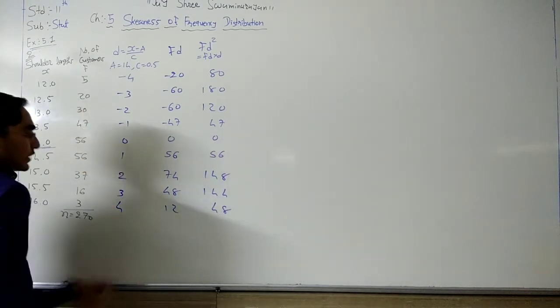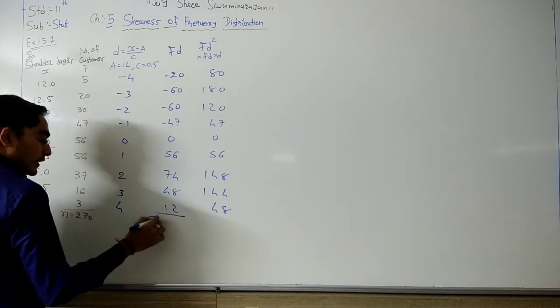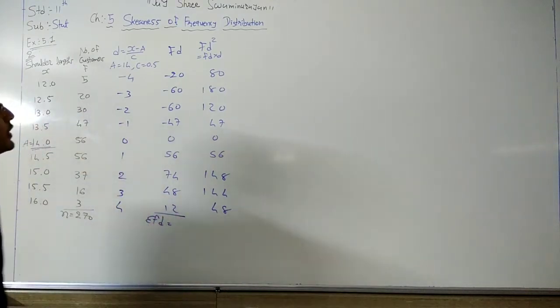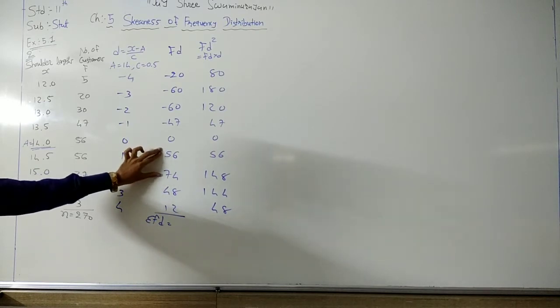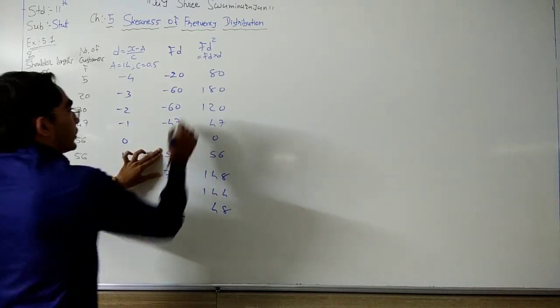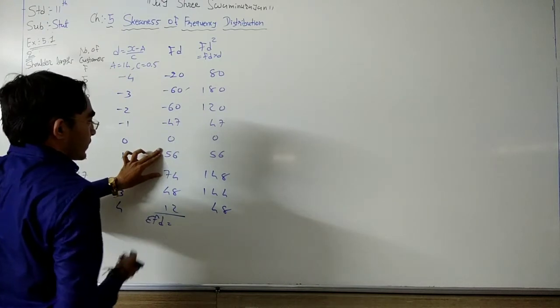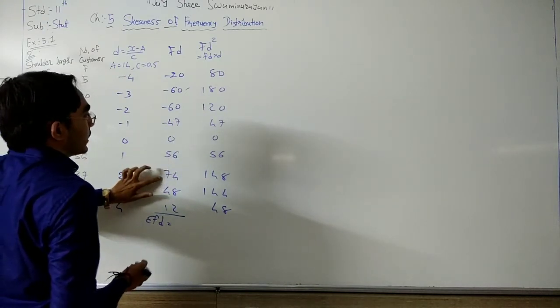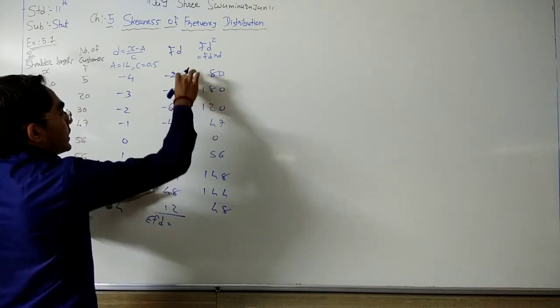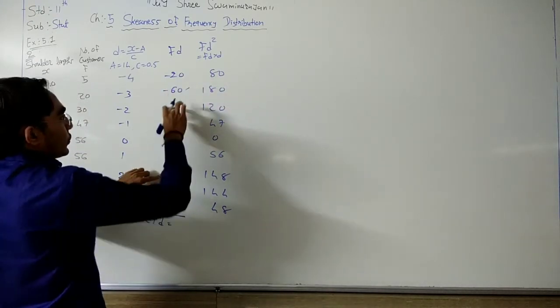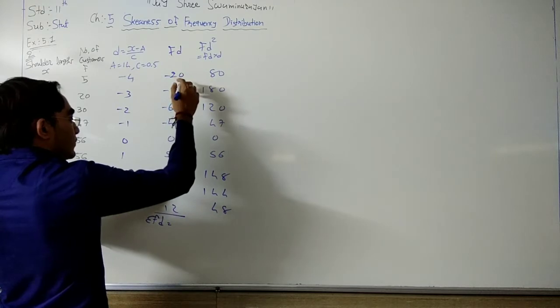Okay, now find out the addition, sigma FD. So here 56 and 4, 60. So this 60 cancels. Okay, so here we have 70. With this 70, remove this 60 and from here 10.